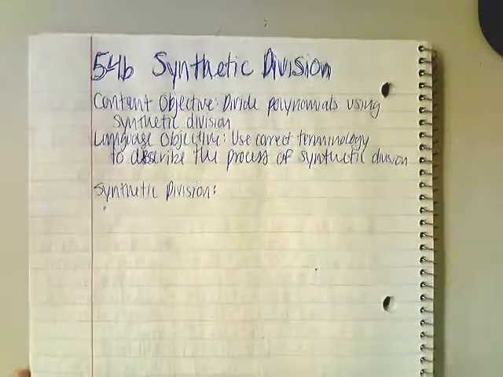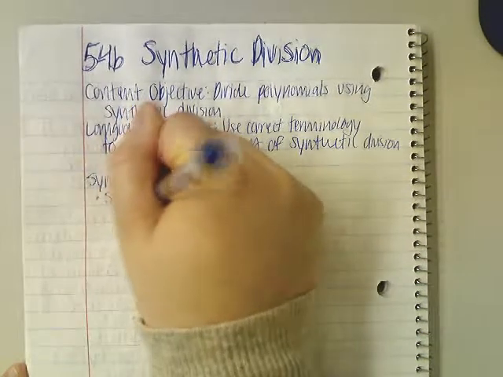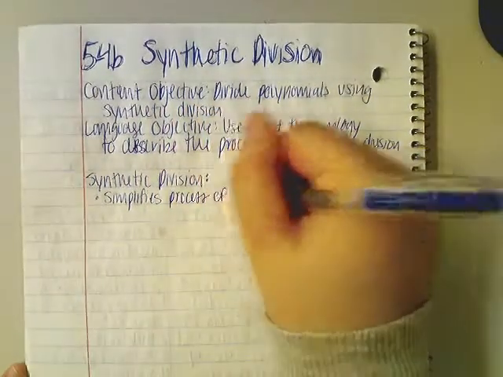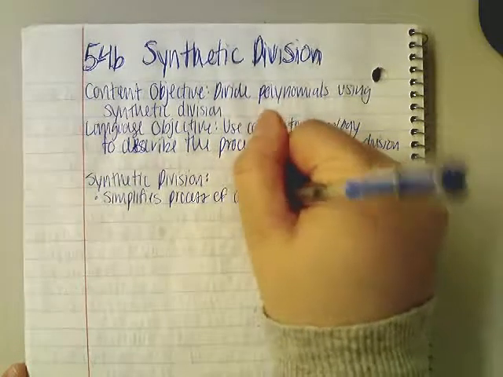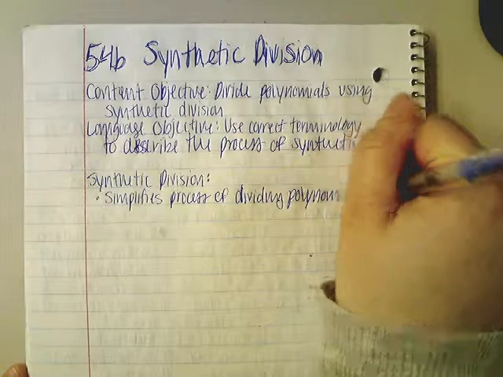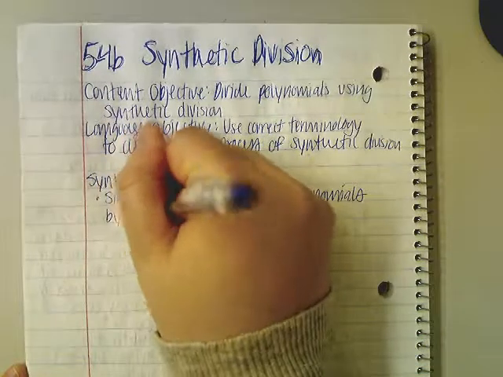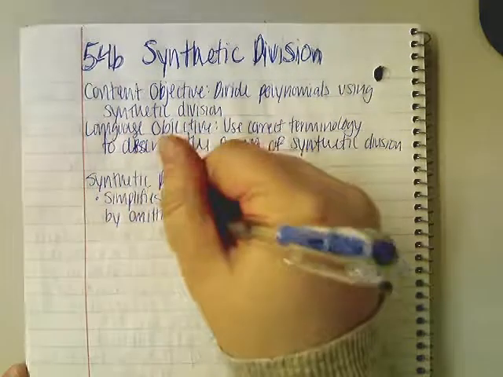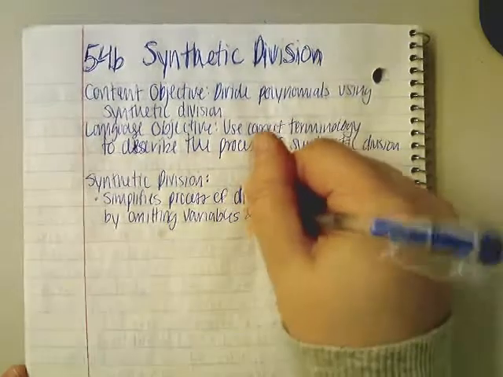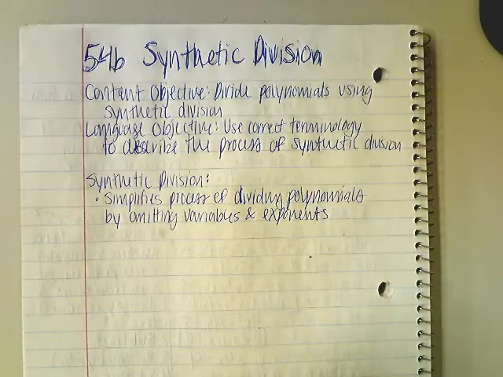First of all, synthetic division simplifies the process of dividing polynomials by omitting variables and exponents. So it's a lot cleaner looking. It's a lot simpler to see the steps, and it doesn't take as much space.